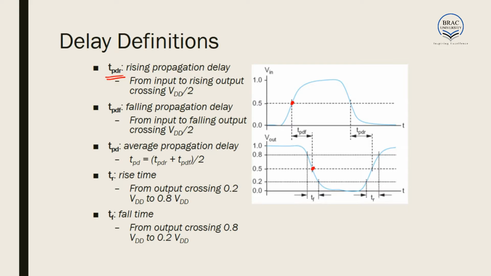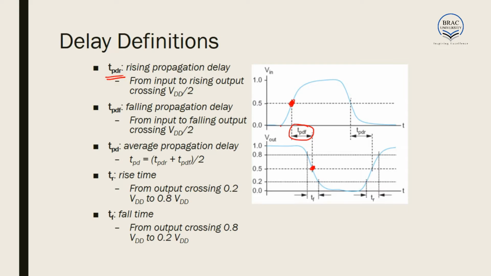In case of inverter, when input goes from 0 to 1, the output goes from 1 to 0. So the time difference between when the input rises to 0.5 and the output falls to 0.5 will be called the rising propagation delay.